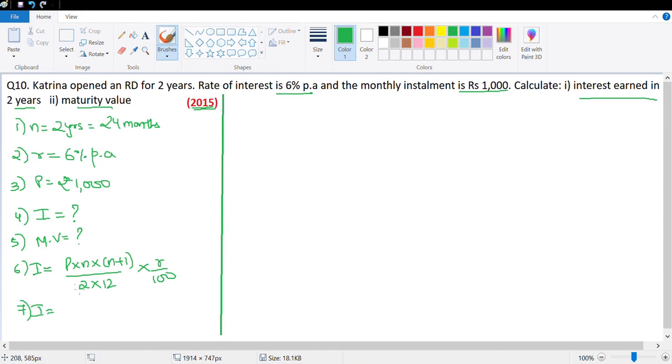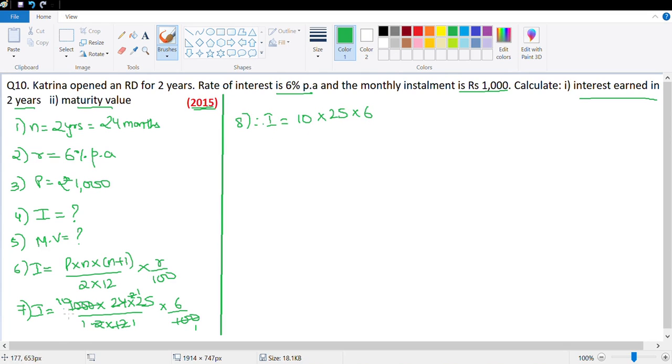So interest is equal to principal, in this case 1000, N in this case 24, N plus 1, that's 25 upon 2 into 12. The rate of return is 6 upon 100. This is 12, 1, 12, 2, 2, 1 and 2, 1. 101 and 100 10 times. Therefore, I is equal to 10 multiplied with 25 multiplied with 6.